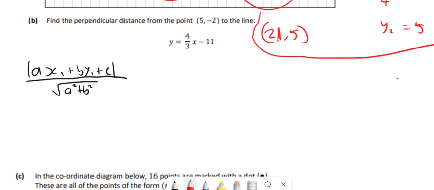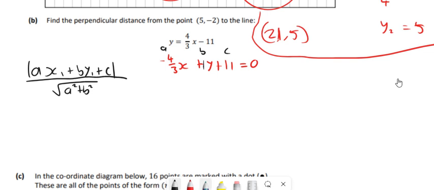So I'm going to move the 4 over 3x to the other side, and it becomes minus 4 over 3x, and then plus y, and then plus 11. We need it like that. We need everything on the left-hand side of the equal sign. Now we know that our A is going to be minus 4 over 3, our B is 1, because there's nothing in front there, and our C is the 11.